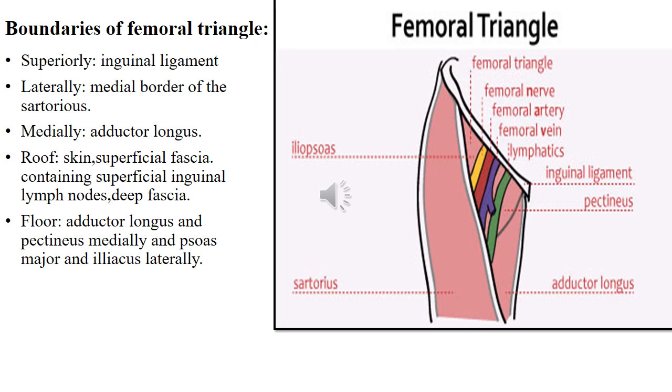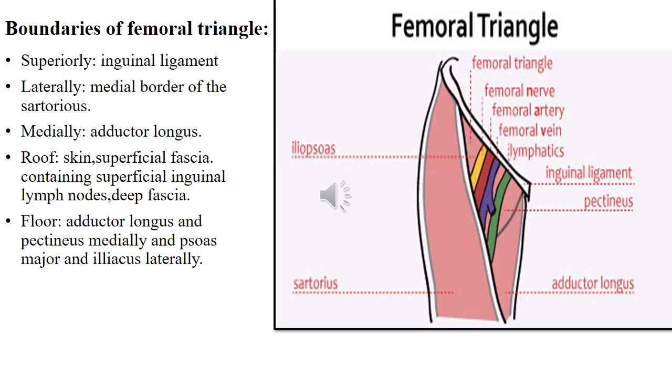So the depression, that is the femoral triangle, is present in the upper one third of the thigh on the medial aspect. It has some particular boundaries. It is triangular in shape. It has an apex and a base and a medial and a lateral wall.